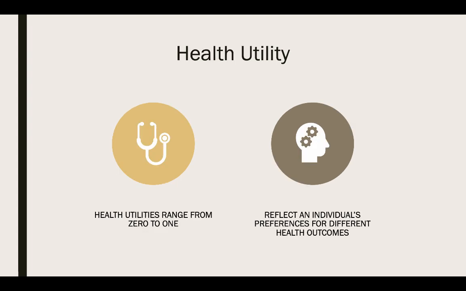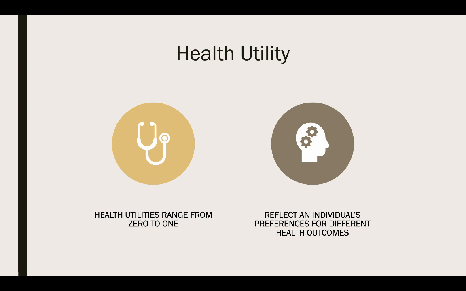We're going to slap a number on health utility and give it a measure. So my utility ranges from 0 to 1, 0 being, in the case of health utilities, I'm dead, to 1, I am in absolute perfect health. There is nothing wrong with me, not even a runny nose. So it ranges from 0 to 1, 0 being the worst, 1 being the most perfect health state.